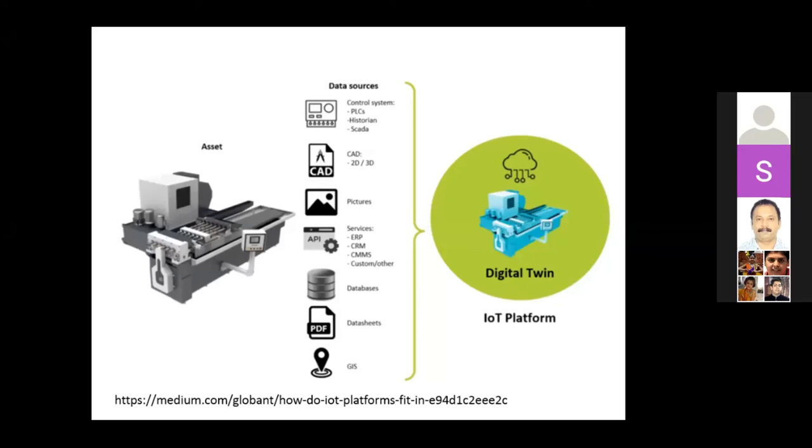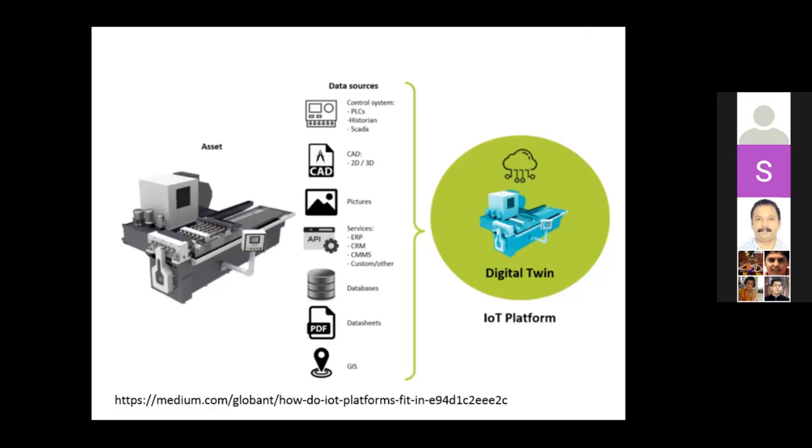This was not possible earlier, that your 3D model will have live streaming readings, live streaming data overlaid on a 3D model. This was not possible 5 years ago. But just because of the emergence of Industry 4.0 and its enabling technologies, this is now possible.